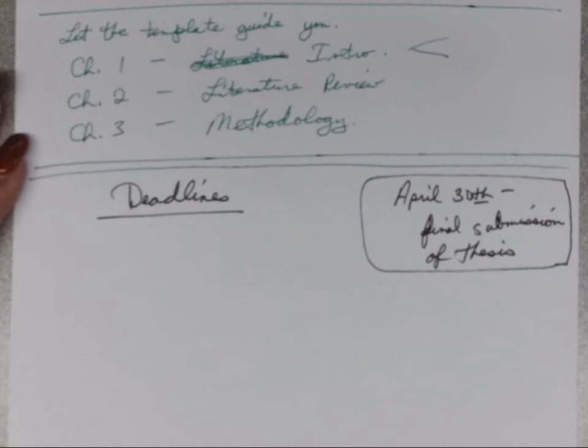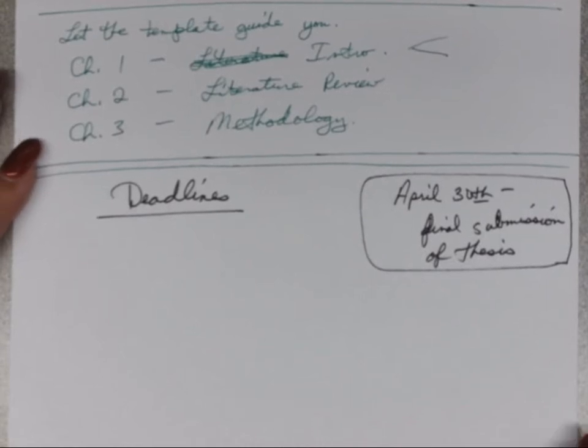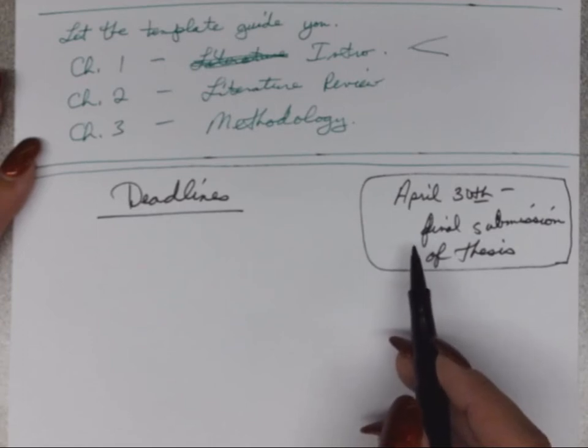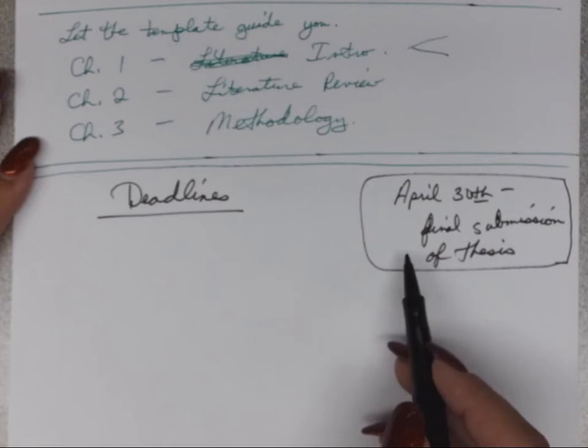Okay, so is it feasible to think that you're going to present your thesis to your committee and make your oral presentation and get feedback and make revisions and get that final draft to the thesis office if you do your oral defense on April 28th? No, there's no way you're going to fit all that stuff in.